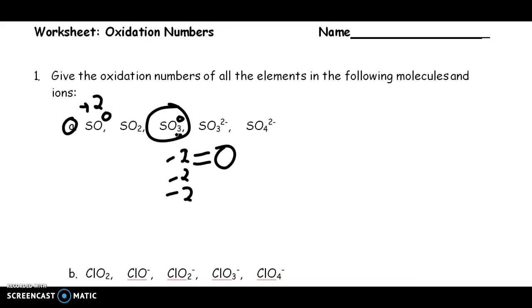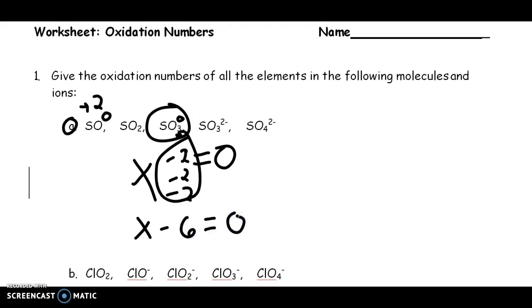We don't know what charge sulfur has again, so that's our x. So our algebraic statement here is x minus, adding up those 3 -2's is -6, equals 0. Again, solving for x, you're going to do the opposite sign, -6 is being subtracted, so you're going to add it to both sides. So x equals +6. So its oxidation state for sulfur here is +6.